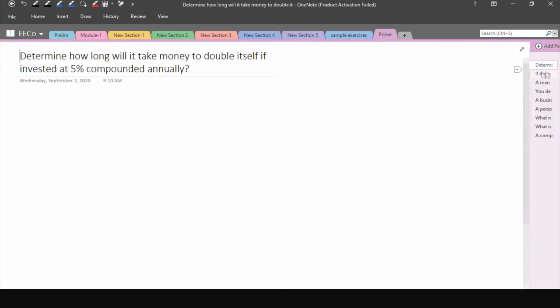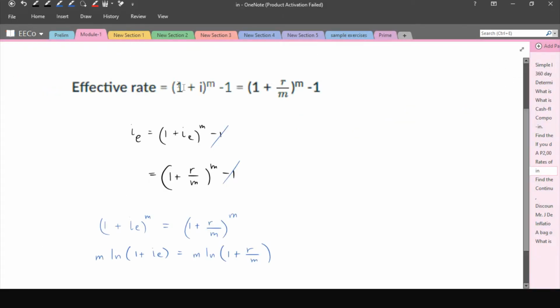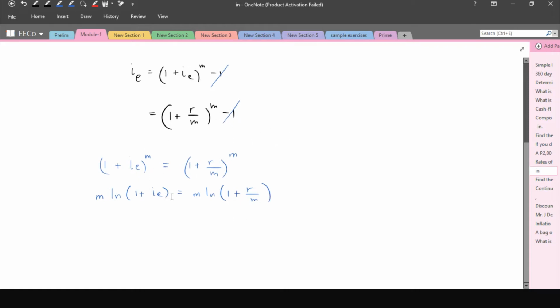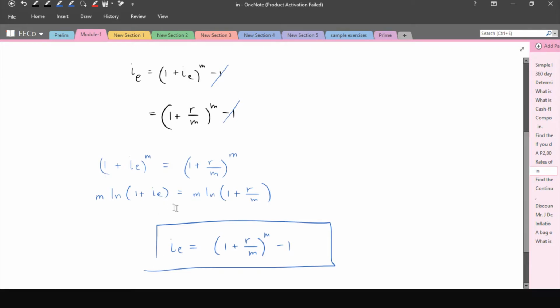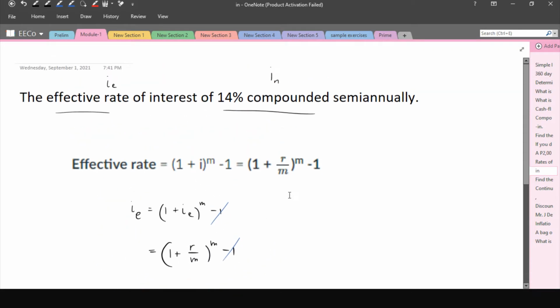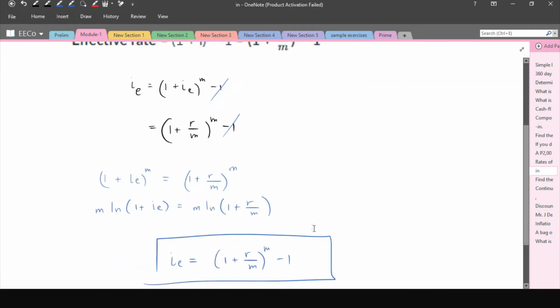Yan. Dito sa ating module. Okay. Ito, may simplify mo na yan to effective interest. That is equal to 1 plus R over M raised to M minus 1. Ito na yung effective rate mo. Okay? Now, effective rate, hinahanap, compounded semi-annually.